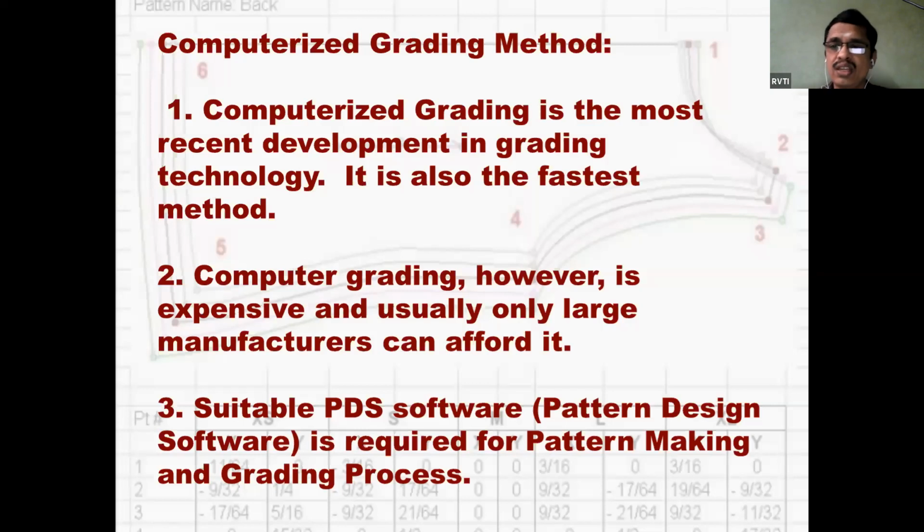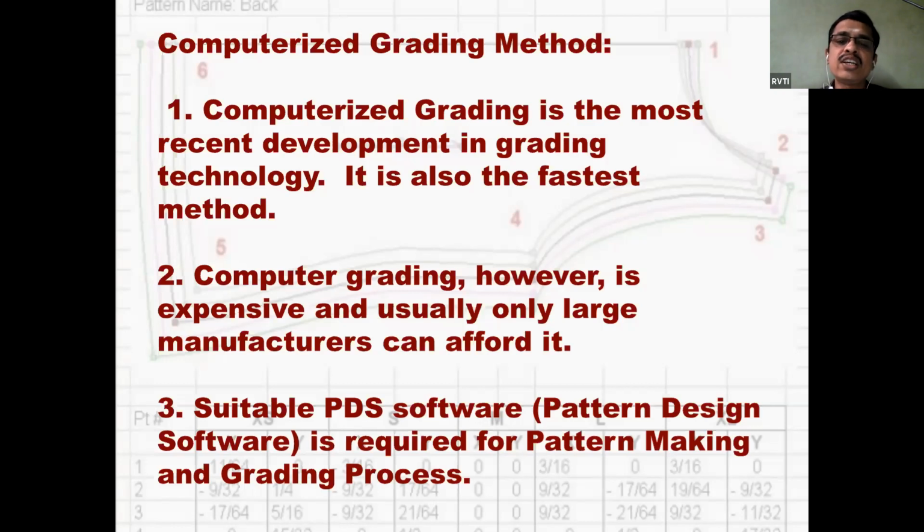Famous user-friendly software includes Optitex, which is very user-friendly, and TUKA CAD. These are notable software. Apart from that, Aster, Lectra, Gerber and different types of software are there.